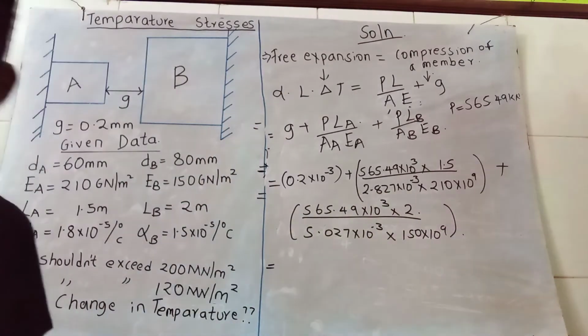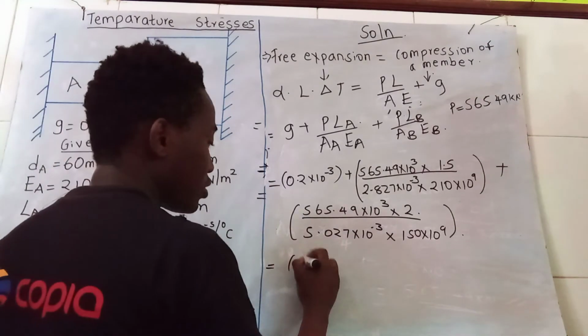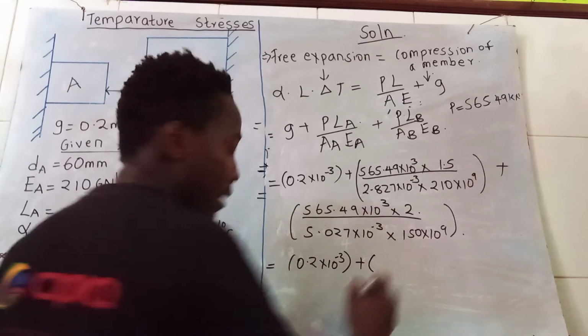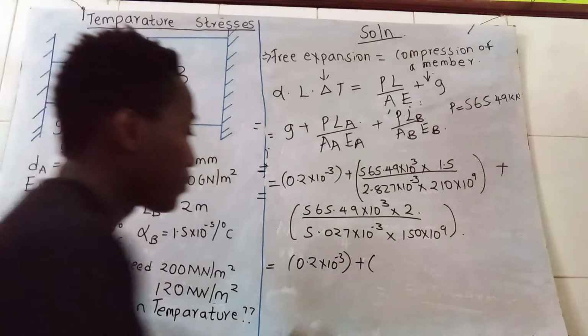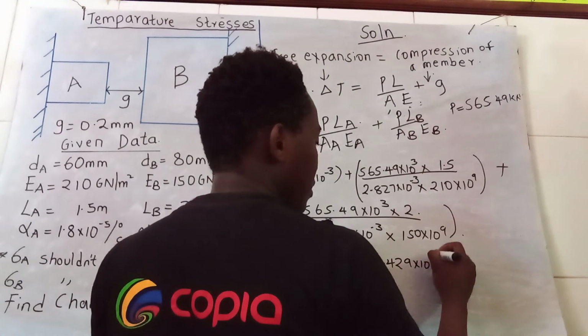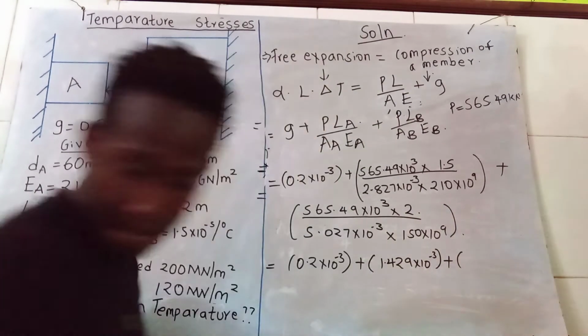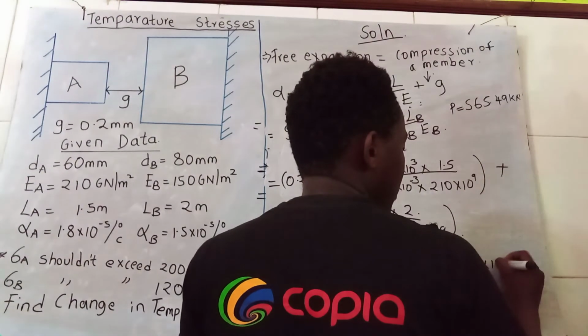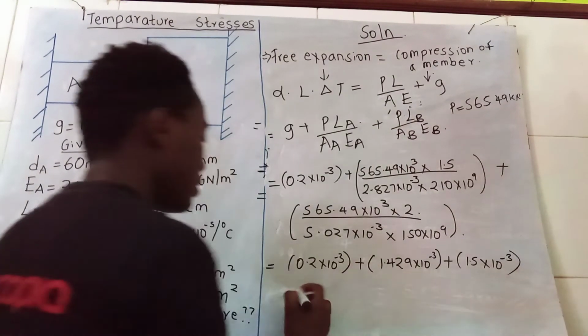Once you evaluate that, you shall have 0.2 times 10 to the power negative 3 plus 1.429 times 10 to the power negative 3 plus 1.5 times 10 to the power negative 3.